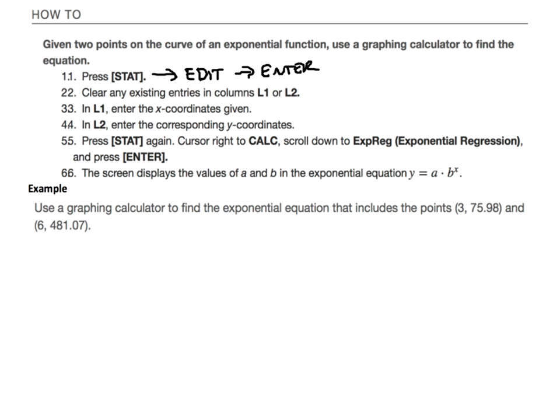So I am going through and clearing my lists by, oh, I thought I was clearing my list. Oh, I'm sorry. Don't edit and enter. What you need to do is, let me delete this.